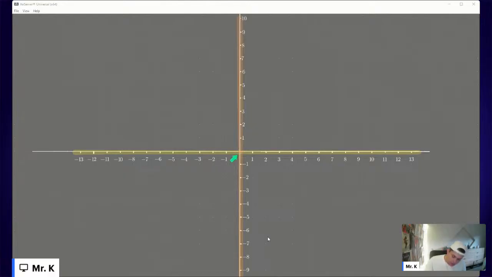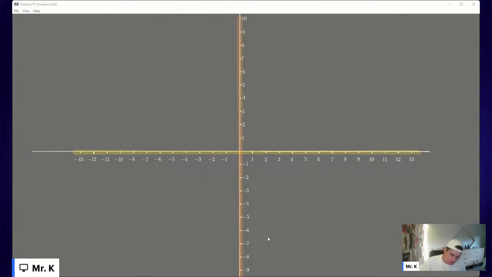As we move to the right and we count up, we count 1, 2, 3, 4, 5, 6, and so on. But if we move to the left, we start counting down to our negative numbers, right? Negative 1, negative 2, negative 3, and so on and so forth as we progress further to the left.